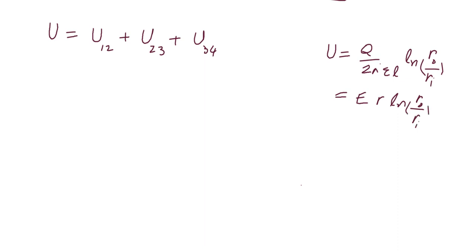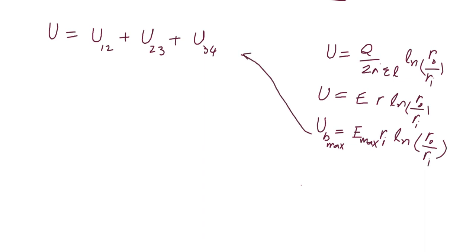And we can also write in terms of breakdown voltage. So UB or Umax is equal to Emax, and maximum electric field occurs at the internal radius, and then natural log of Rho over Ri. So we are going to use the same relations for all of these insulation layers.